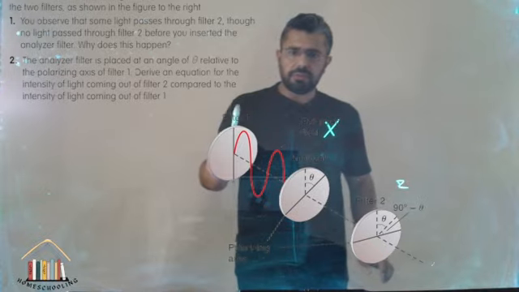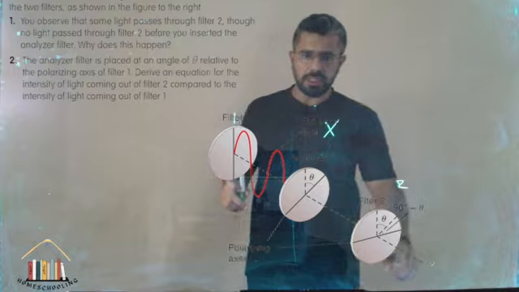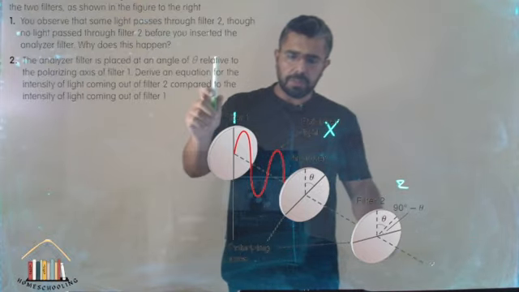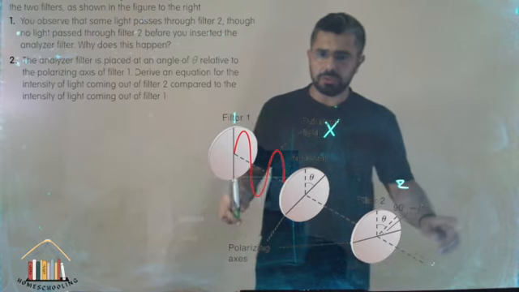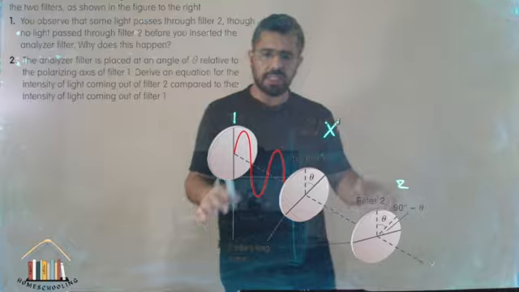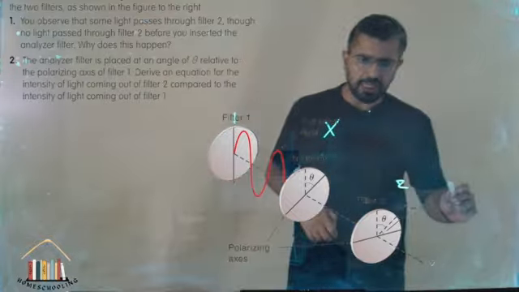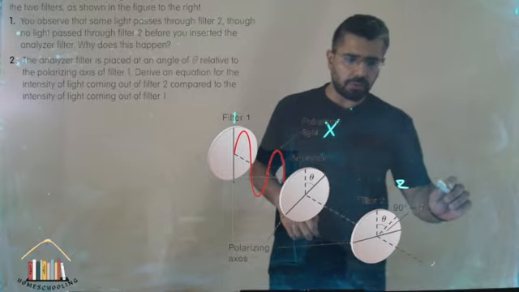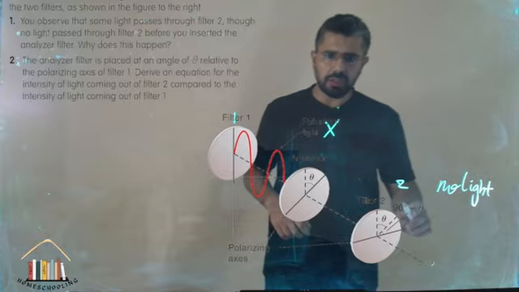Because the first polarizer is perpendicular to the second one, the axis here is vertical and the axis here is horizontal. As we discussed in the previous slide, when they are perpendicular, no light will pass through.